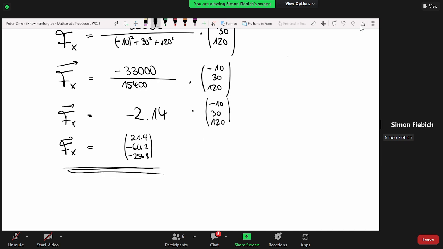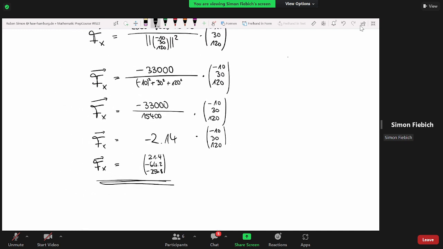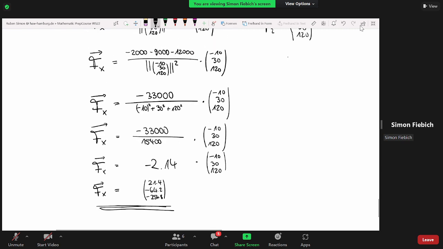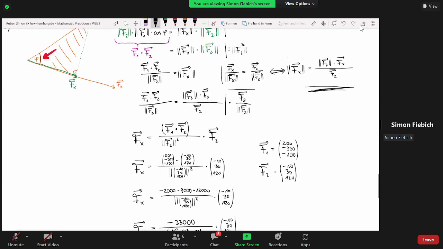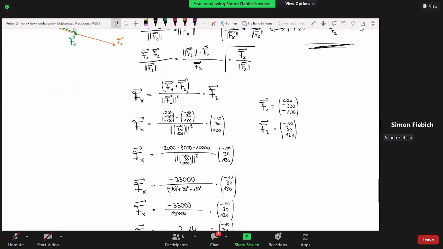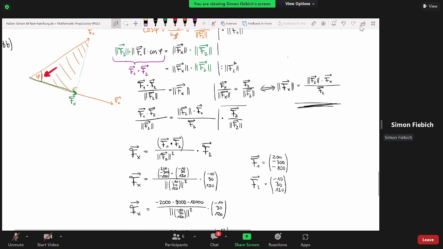So this would then be the vector being the component of F1 pointing in the same direction as F2. And I would like to give you a very short hint on where this applies in physics.